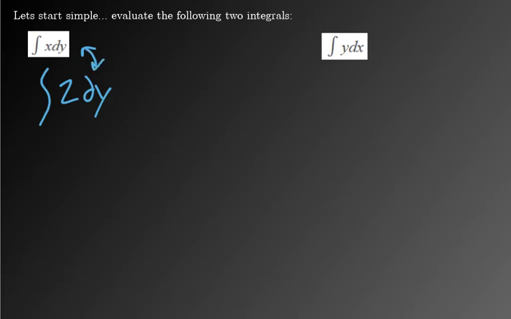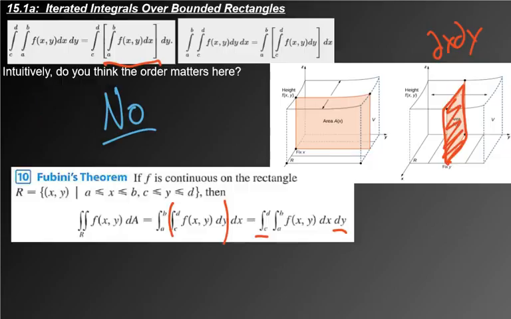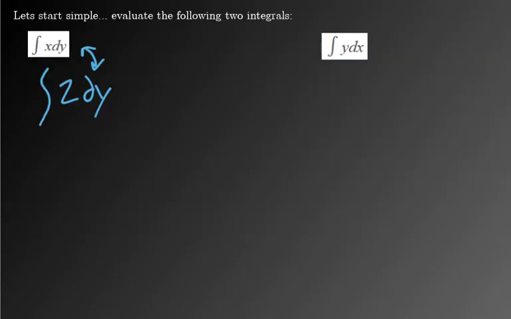X is a constant with respect to y, right? Just like when we did that with partial derivative stuff. If you think of this picture here, x is always fixed on that line, and that's constant for this direction. So there's no reason that you should think of x here as different than a constant like 2. It is constant in y.